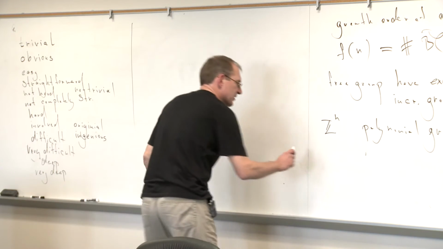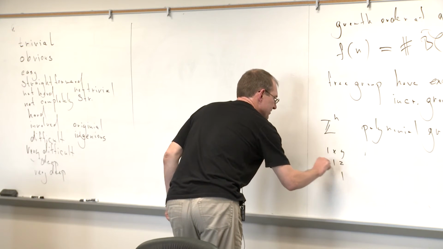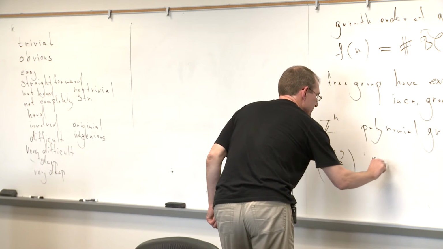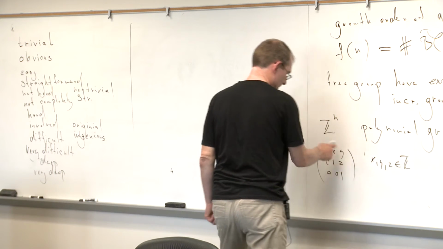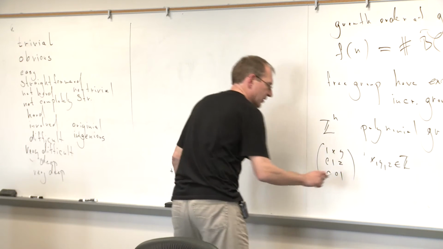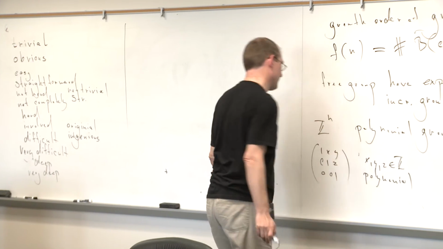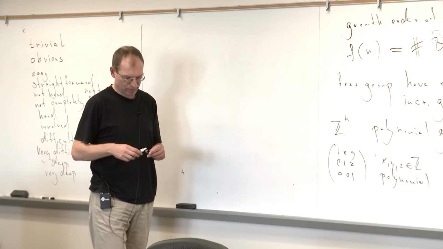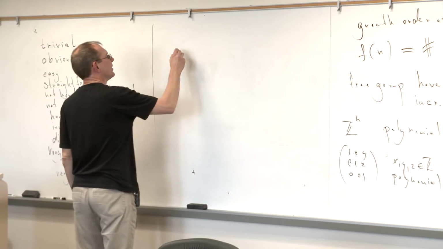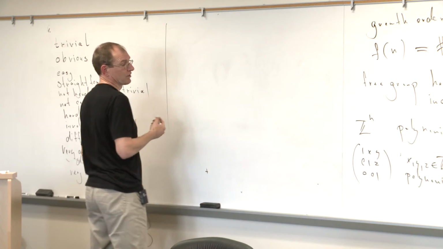There are some slightly more general examples. For example, if you look at a matrix group of this type here, it's a so-called Heisenberg group, where x, y, and z are integers. You can show that this is a group, and it actually also has polynomial growth. And the conjecture for decades was that essentially every group of polynomial growth has to look in a certain way like this. The technical term is that it should be a so-called nilpotent group.